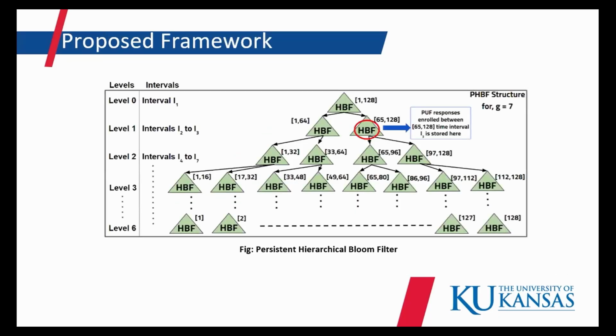So this is our proposed framework, and we have arranged this hierarchical Bloom filter into multiple levels again. This time we have associated them with time. This is like a binary tree structure, and we have assigned a time period for each of the hierarchical Bloom filters.